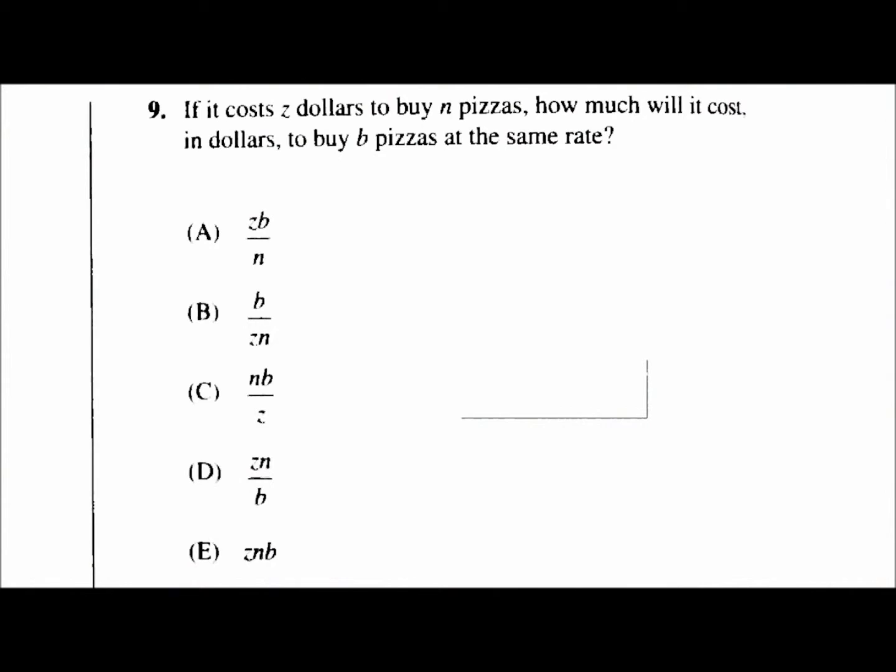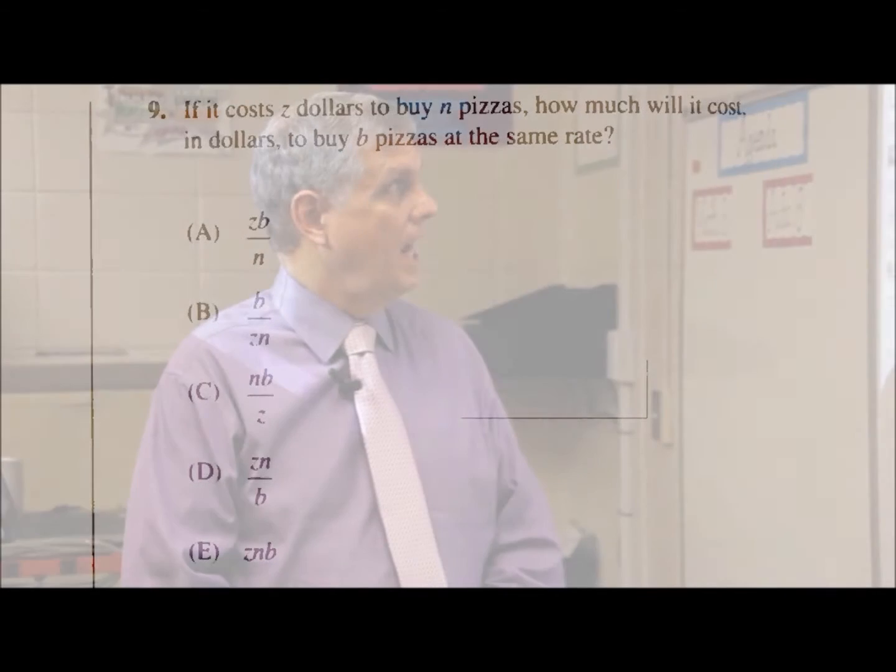In this case, we've got the cost of pizzas, and the cost here is $Z to buy N pizzas. How much will it cost in dollars to buy B pizzas at the same rate? Okay, obviously, the more you increase the number of pizzas you buy, the more you're going to increase the amount of money it costs.